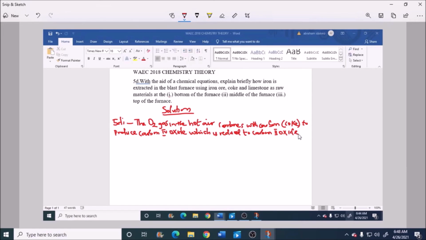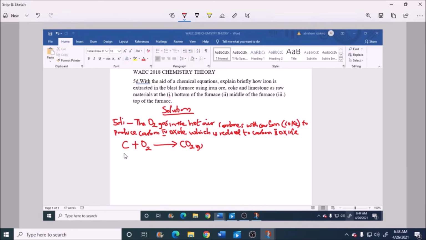Then don't forget that here we have to use chemical equation. So we have carbon react with oxygen gas to give carbon 4 oxide gas.